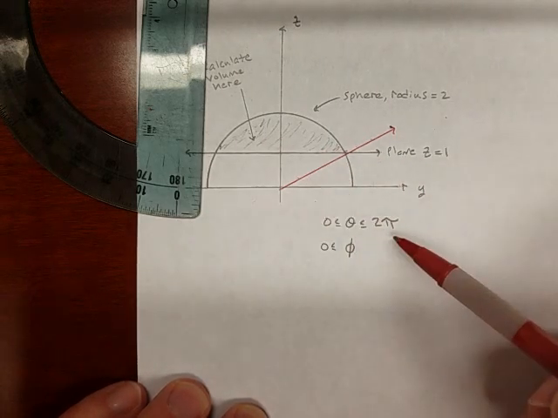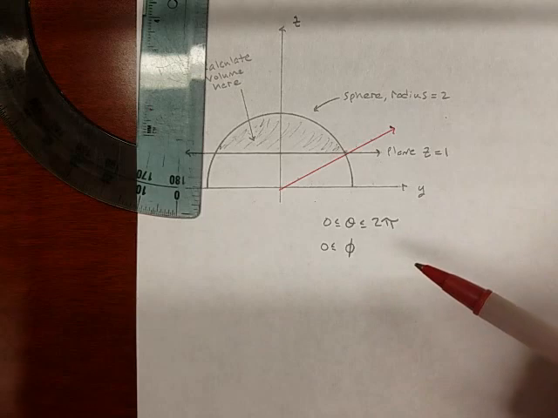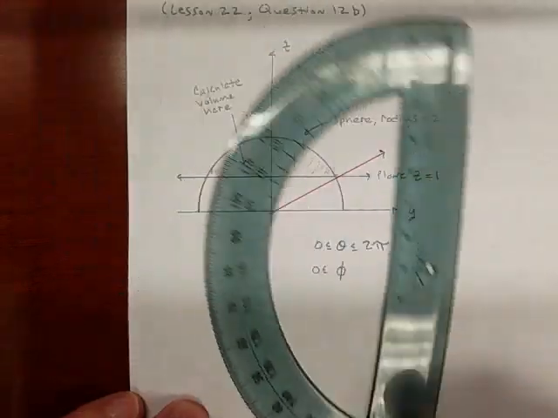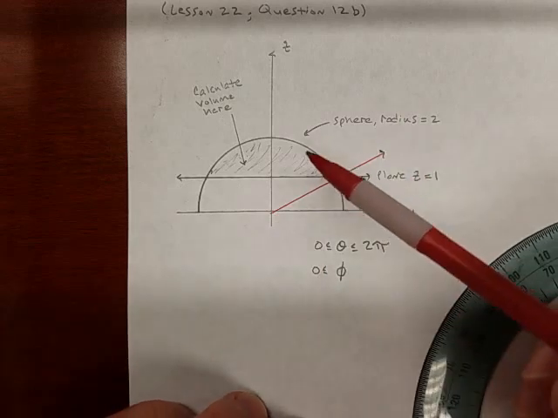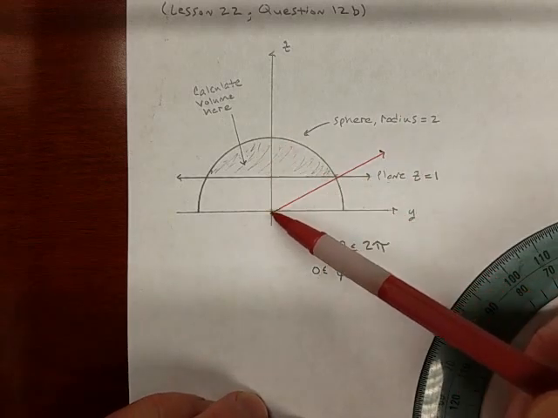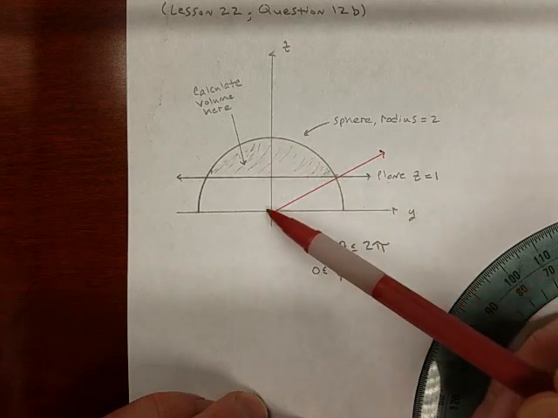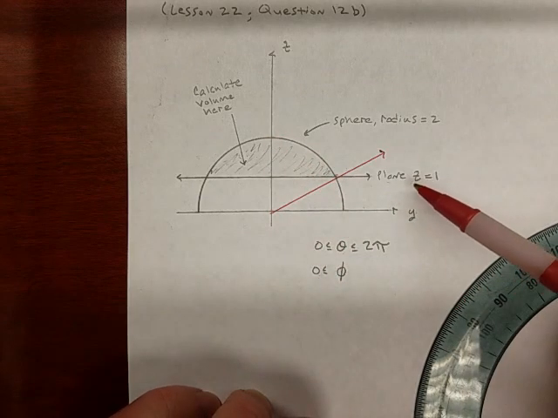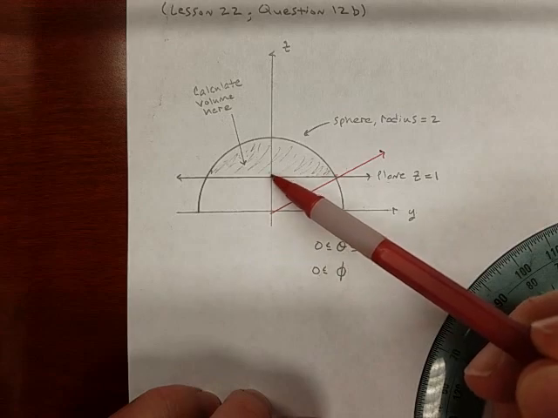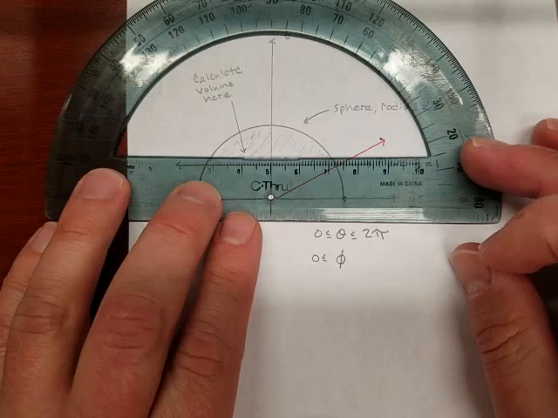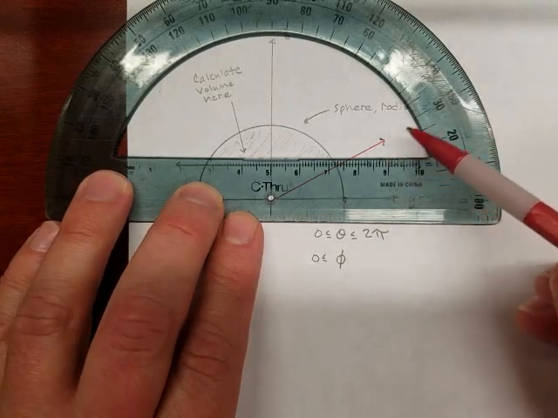So whatever that angle is, that's my upper bound for phi. I happen to have drawn this perfectly: if that sphere has a radius of 2, this point would be a distance of 2, and if that plane is z equal to 1, then it's right there in the middle, just like I drew it. So however I measure this should be accurate, and it measures out to 30 degrees.